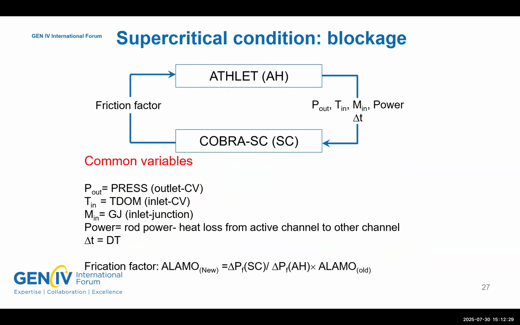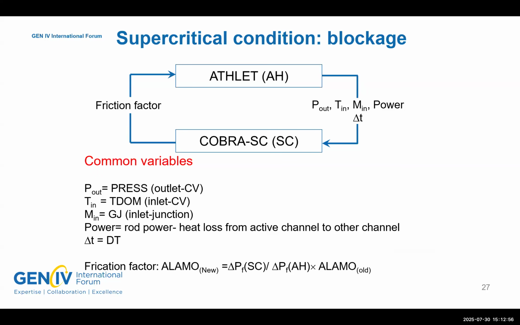So what we have to do is use the subchannel code with the non-uniform heat transfer models we developed before, and couple the system code with the subchannel code, and then we can get very detailed information when the blockage happens during operation or the break of the wire wrap.